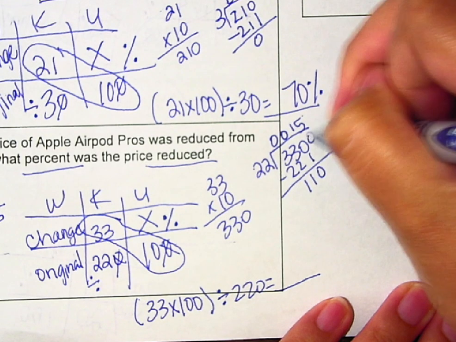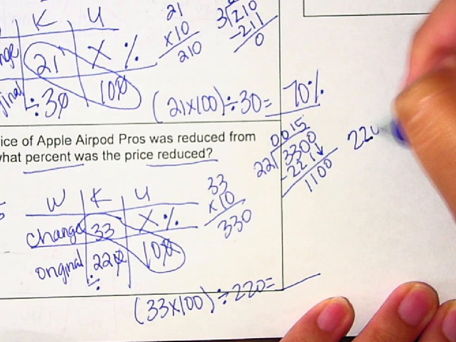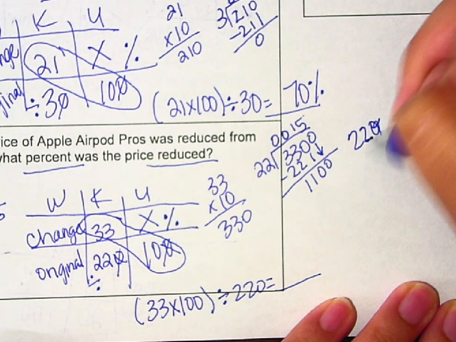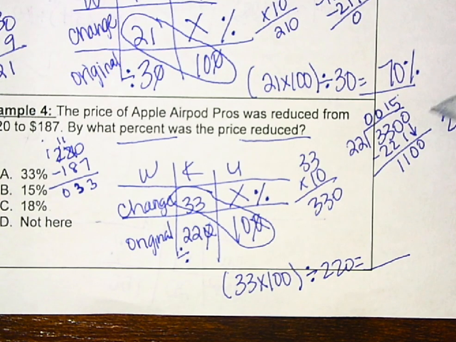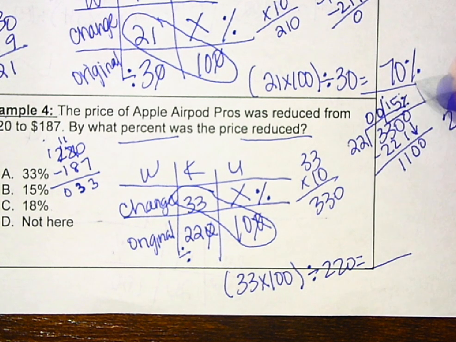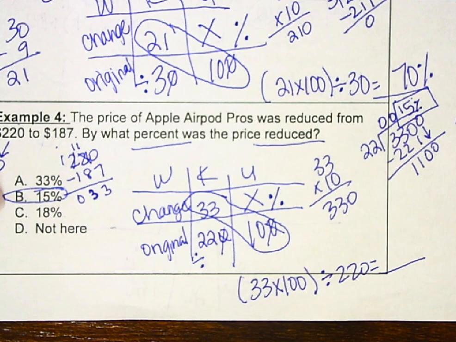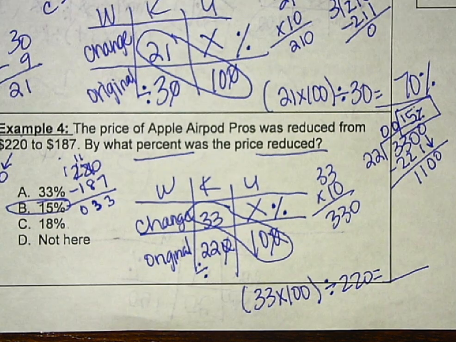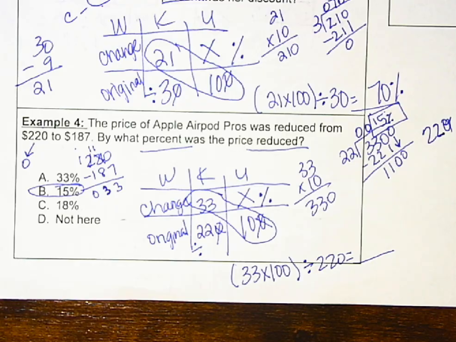You have to put another 0. So 15% is your answer, 15%, which is B. Pause the video if you need to, so that you can write this down.